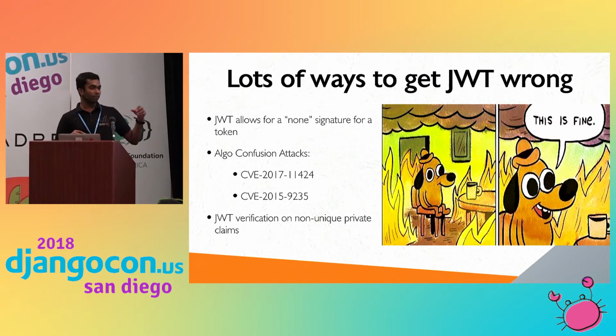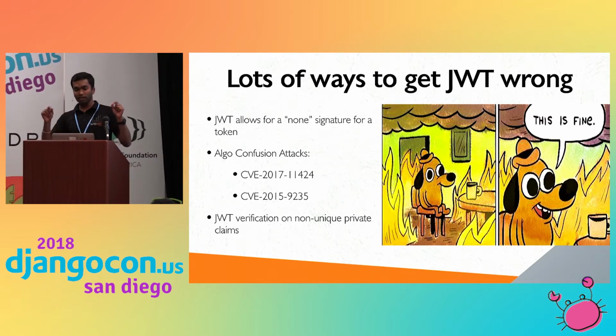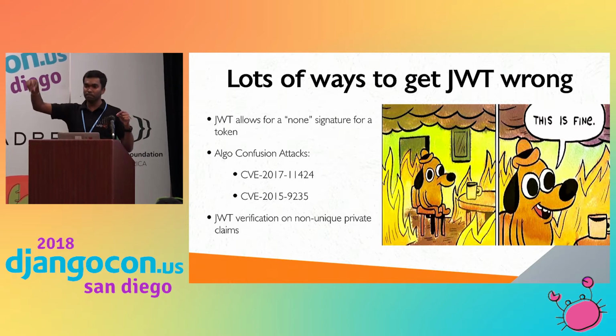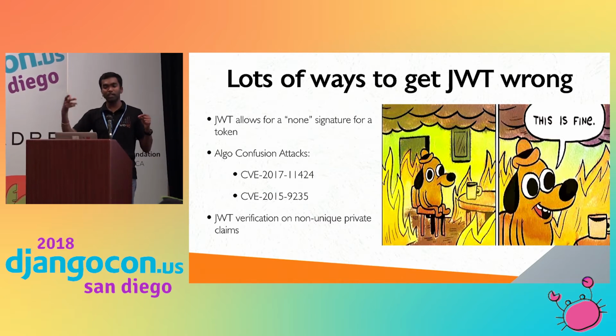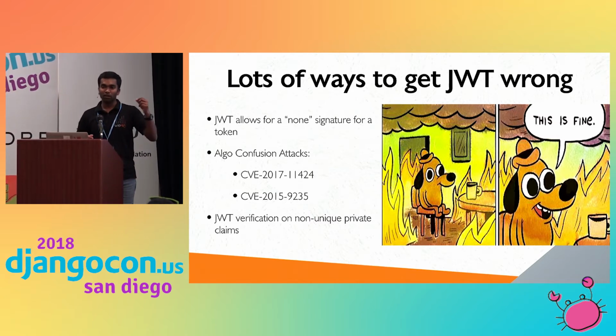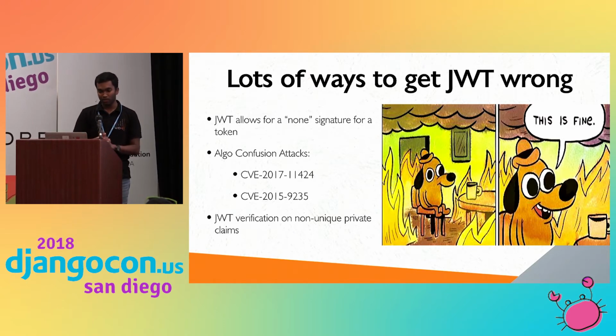For example, when a user asks to be authenticated by the server, it is encrypted using RS256. When the client receives that, it is encrypted with RS256, but when the client sends the JWT back to the server, it is bound with HS256. So it is algorithm confusion.